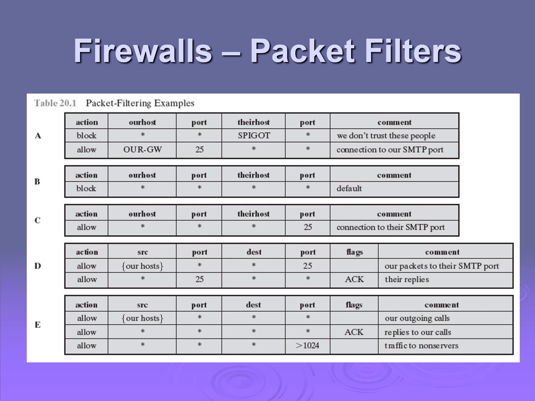In rule set D, the rule set achieves the intended result that was not achieved in C. In rule set E, this rule set is one approach to handling FTP connections. With FTP, two TCP connections are used.